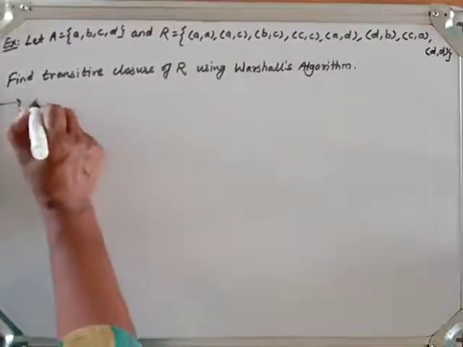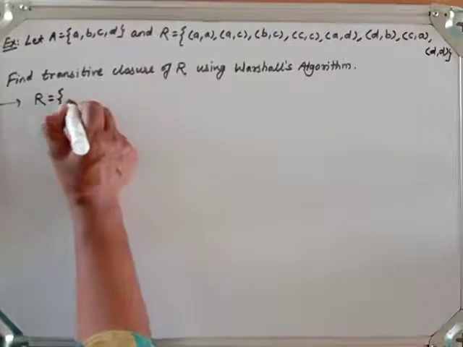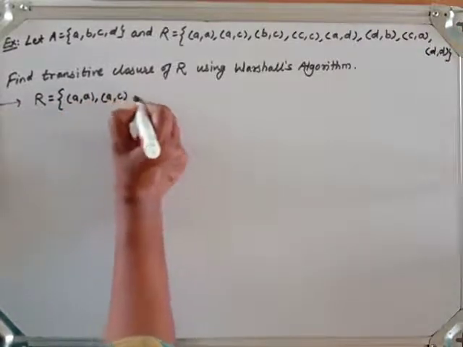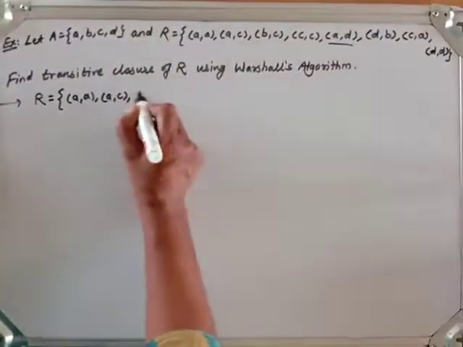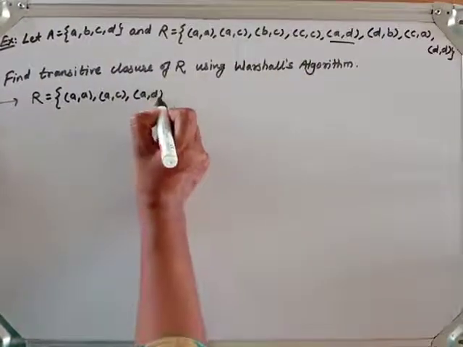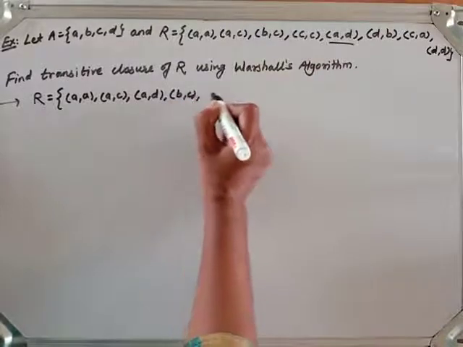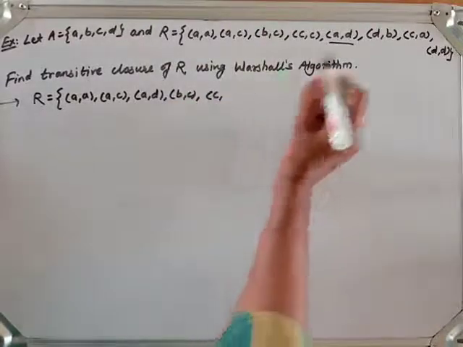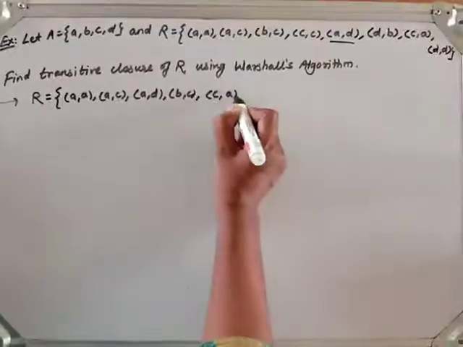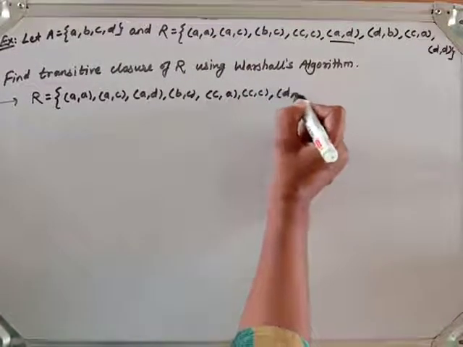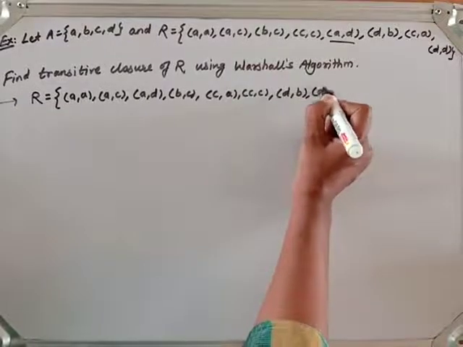So here R is AA, AC, AD, then BC, then CA, then CC, then DB and DD.